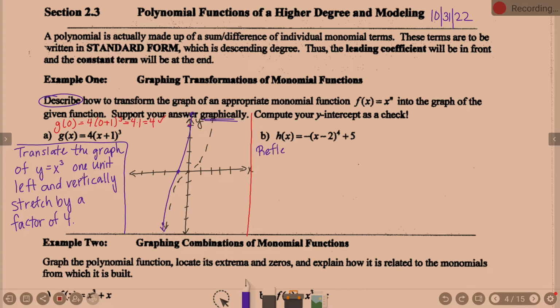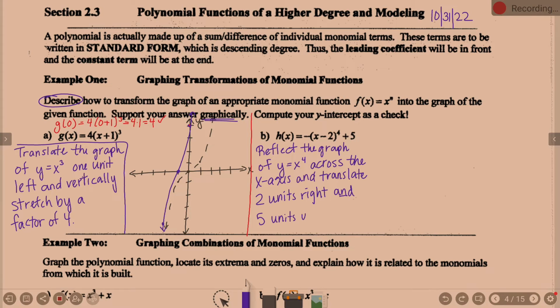We're going to reflect the graph of y equals x to the fourth across the x-axis and translate two units right and 5 units up.